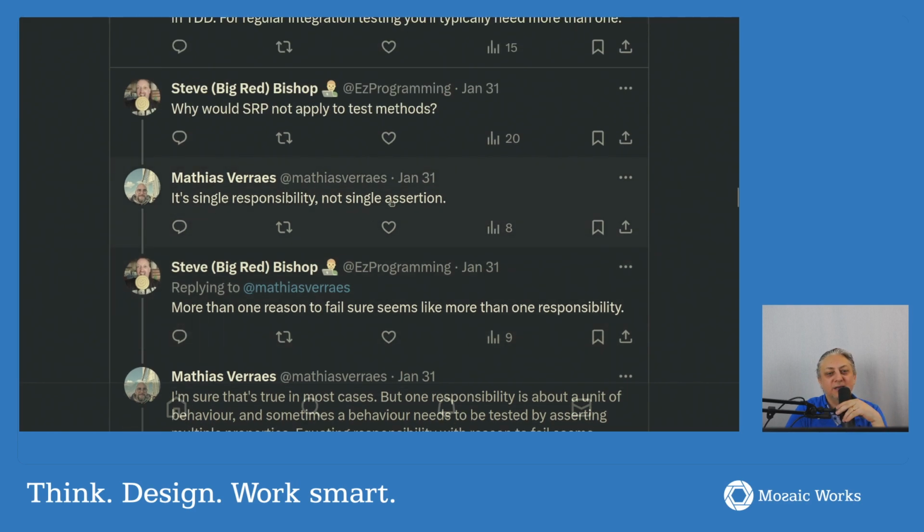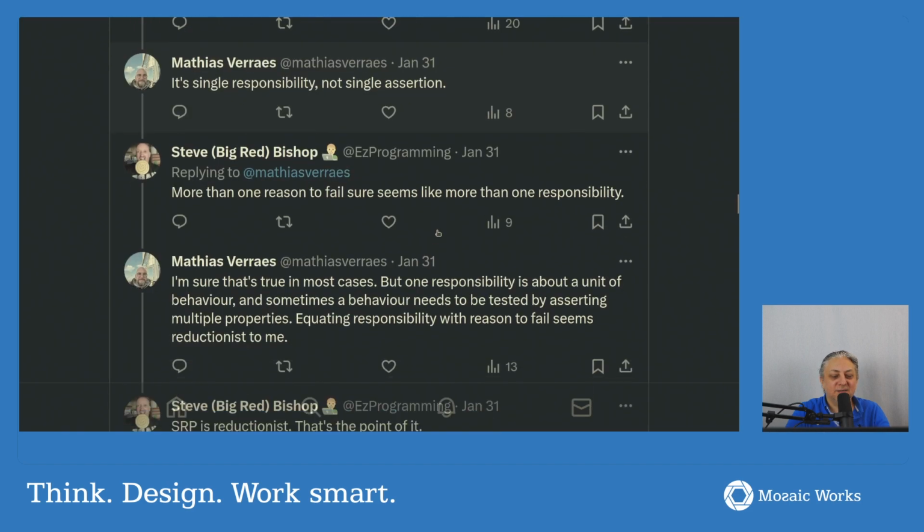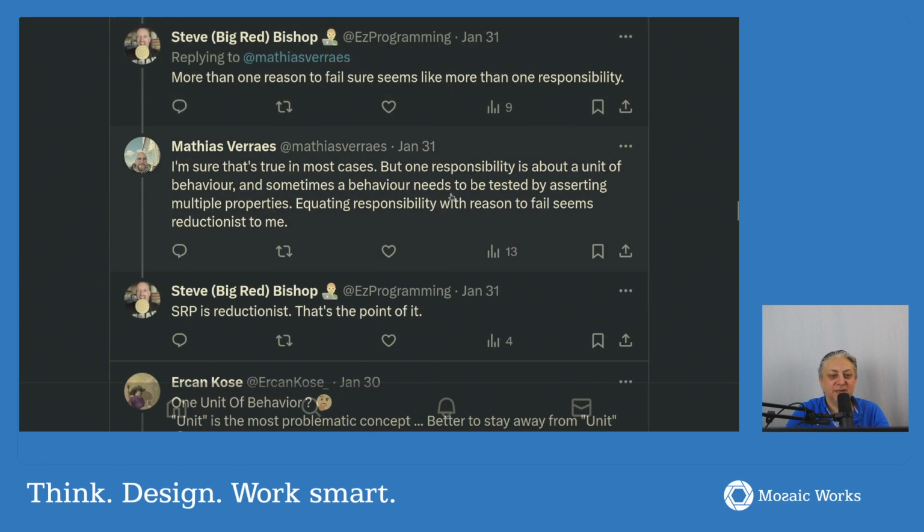And then Steve Bishop, returning to single assertion, why would single responsibility principle not apply to test methods? Matthias, it's single responsibility, not single assertion. And Steve Bishop, more than one reason to fail sure seems like more than one responsibility.